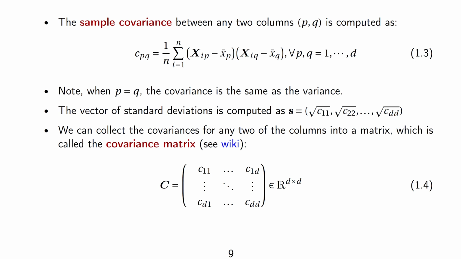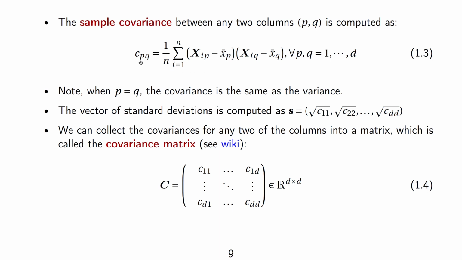For example, we'll give the equation for completeness, and you see this is a sum where we sum over some expression where we have one term in the sum per sample in the data set, and this is the well-known equation for covariance.